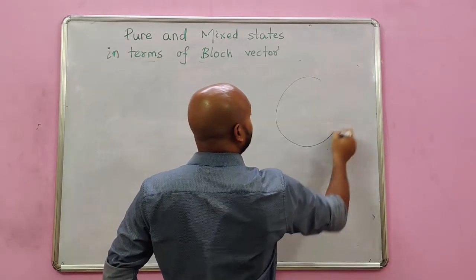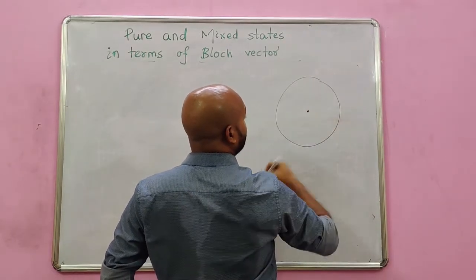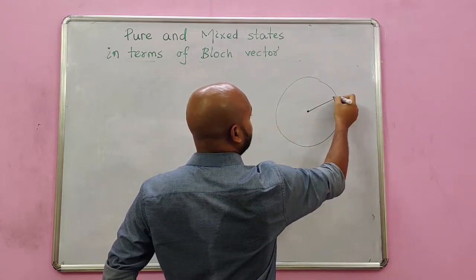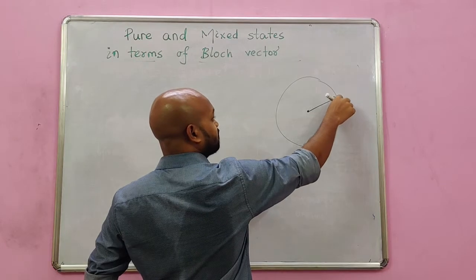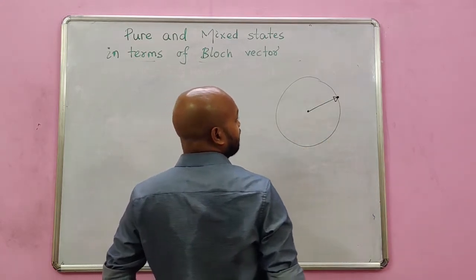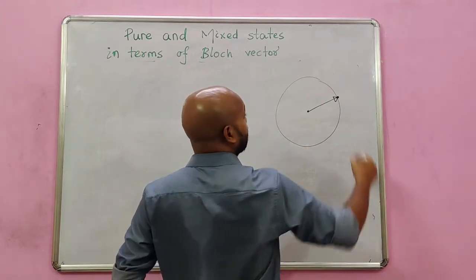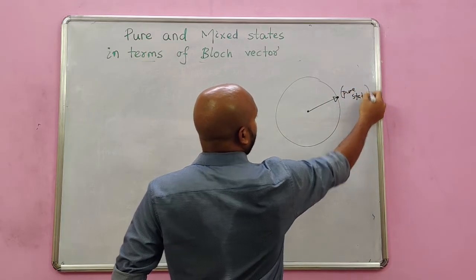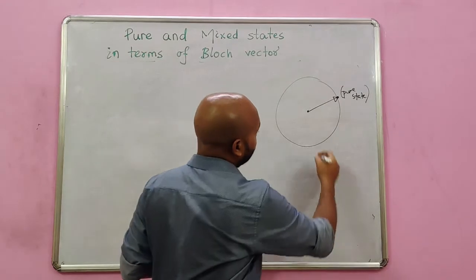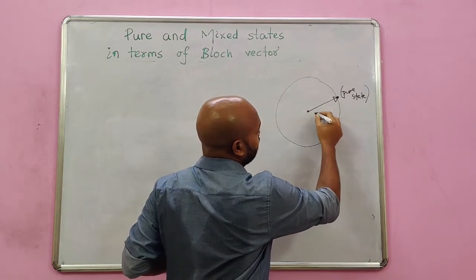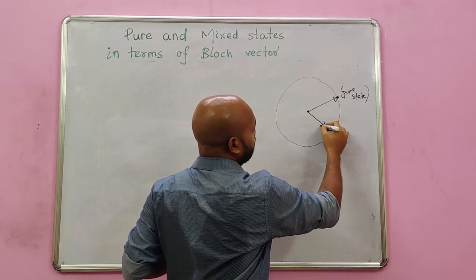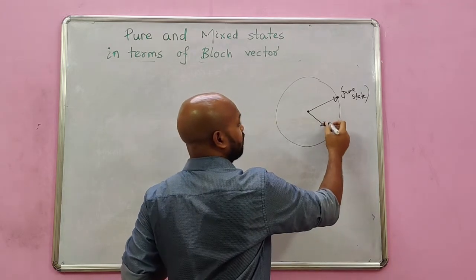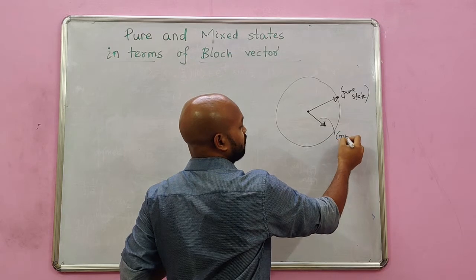So if it is a Bloch sphere, then this Bloch vector which represents a quantum state here is going to represent a pure state. And if I have a state here and there is another Bloch vector, then this represents a mixed state.